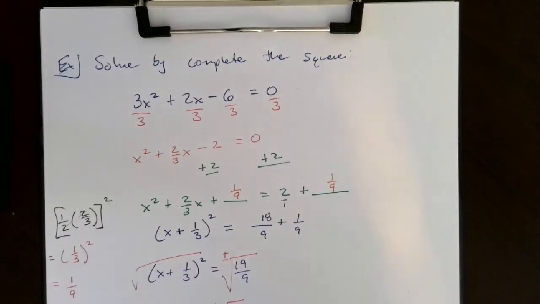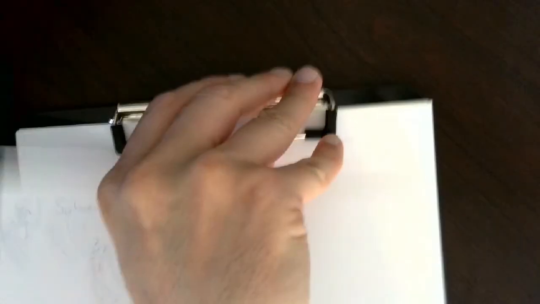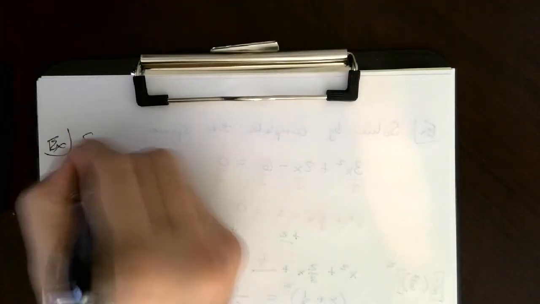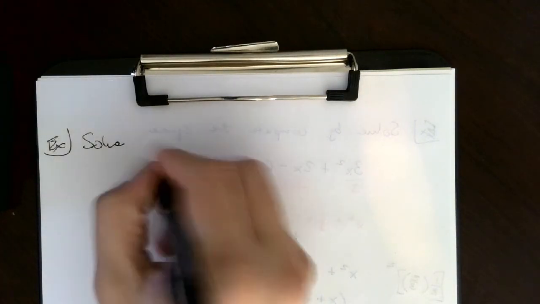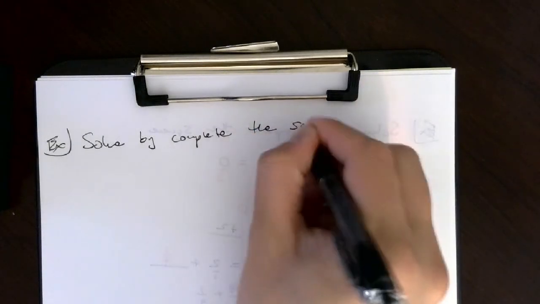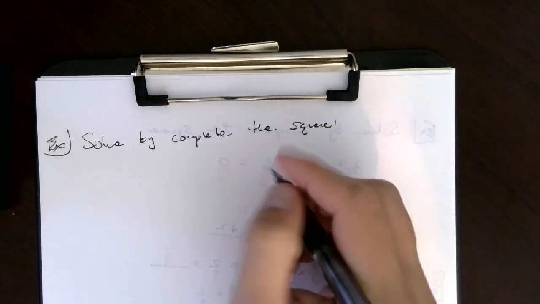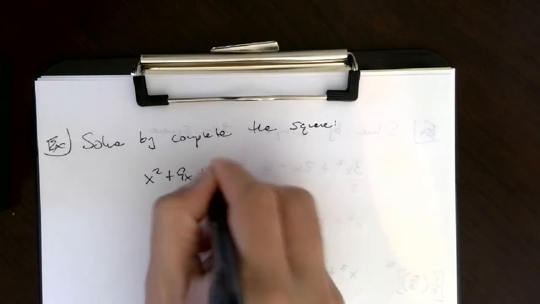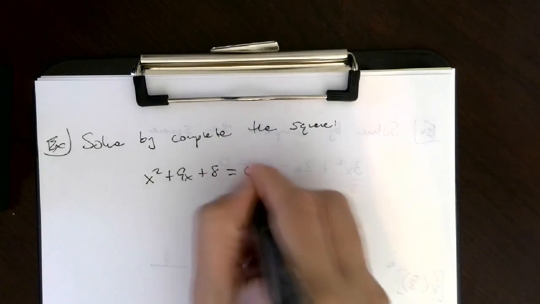Let's take a look at one where it was something that maybe you could have factored, just so you get an idea of what that would look like. So, solve by completing the square: x squared plus 9x plus 8 equals 0.